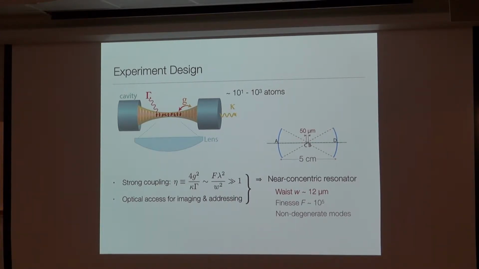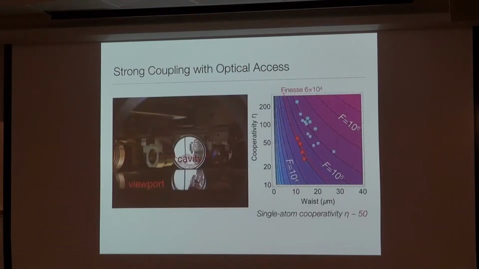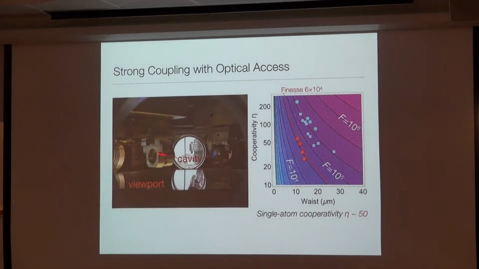And the tricky thing is, you can imagine if you tip or tilt one of these mirrors slightly, the mode will be misaligned. So in reality, this looks something like this, where these two mirrors are mounted in vacuum on some piezoelectric positioning stages that allow us to fine-tune the tip and tilt, as well as the length.